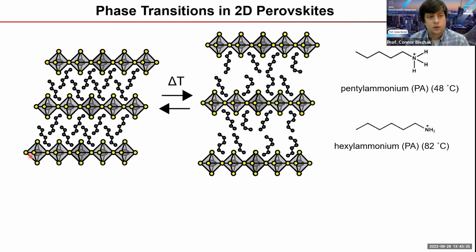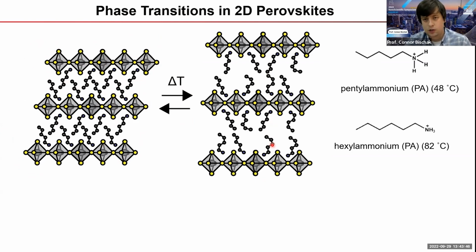So these work as 2D quantum wells, where we have an exciton that's typically confined in these 2D layers. And as we heat up this material, we see that these alkyl side chains essentially melt, and that changes our lattice spacing and also changes the optoelectronic properties of our material.